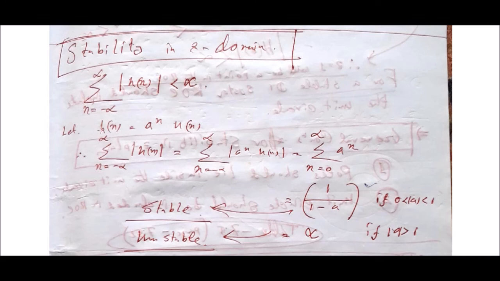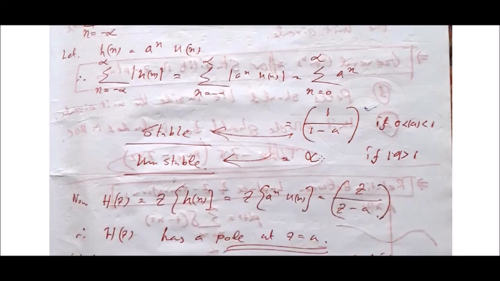So consider you have a typical infinite duration impulse response, a to the power n u(n). Put it here in place of h(n). Since it is a causal signal, the index will start from 0 to infinity, a to the power n.